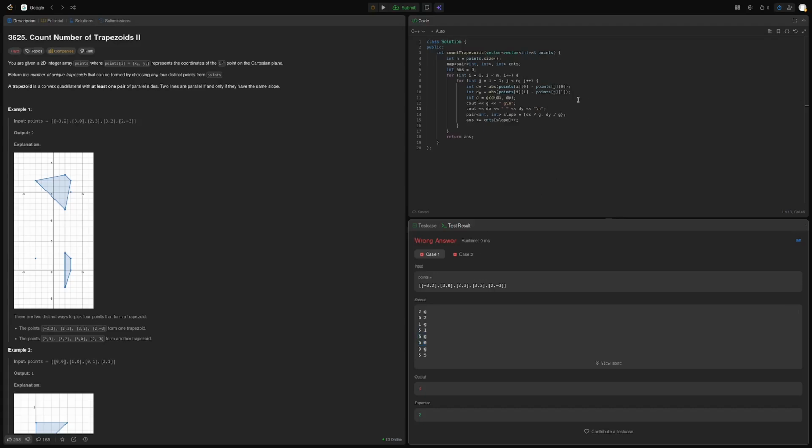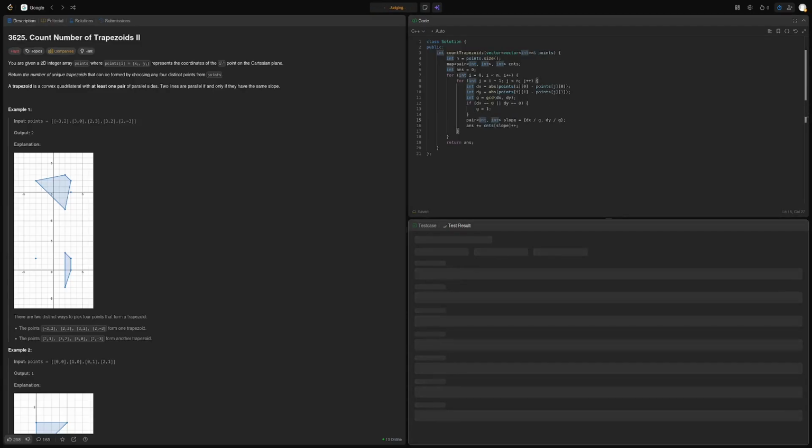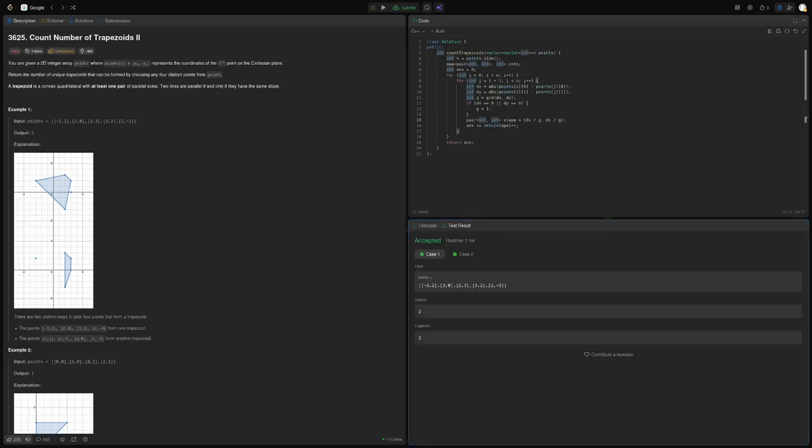That's not right, I think. No. If dx is 0 or dy is 0, then g is 1. Okay. Not sure this will work, to be honest.